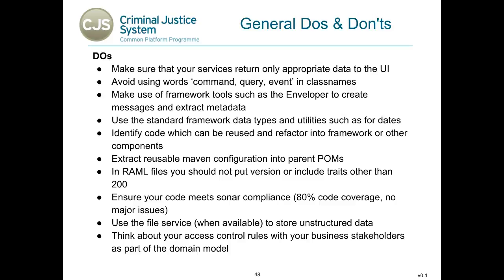So, general do's and don'ts. Make sure your services return only appropriate data to the UI. So if you're writing a query endpoint that returns case data, we shouldn't just arbitrarily add in everything that we've got in our view store.